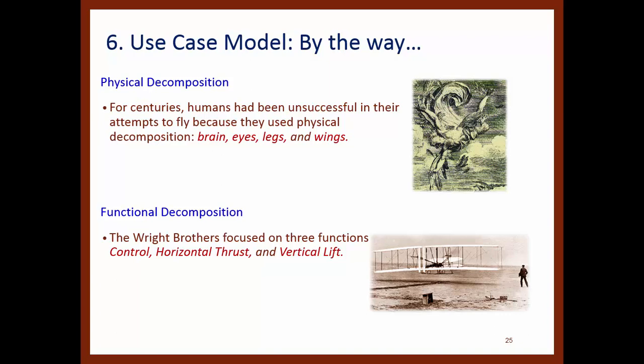Okay, so by looking at the problem from a functional perspective, what do you need to do in terms of functions to make sure that you can elevate and fly? Well, they were able to split it into three functions, and they found a way to balance those three functions to make that happen.